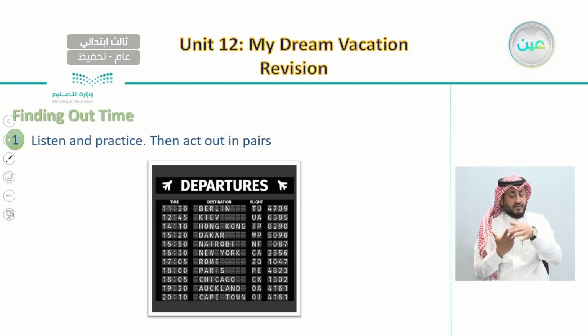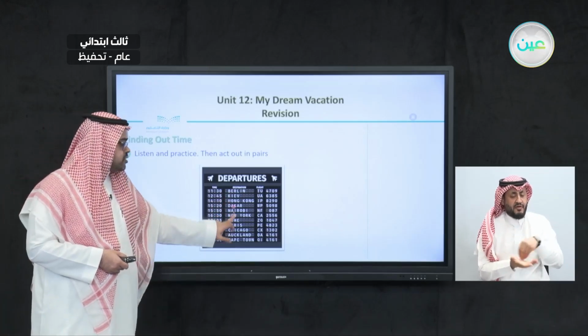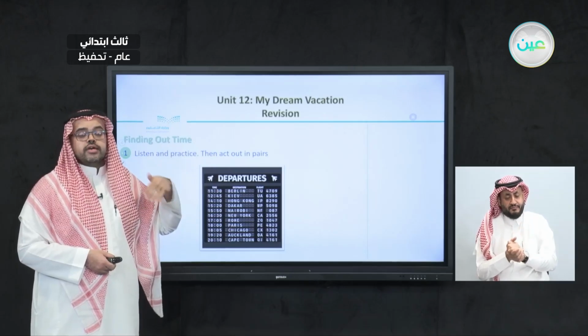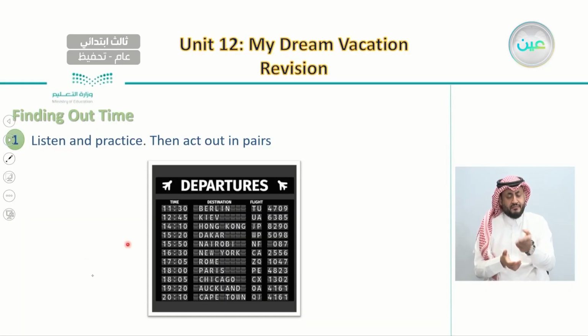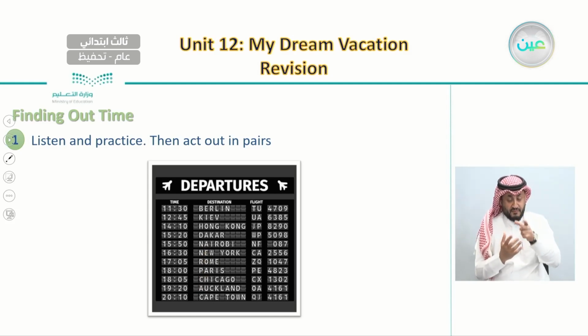And also there is the column called destination, which has all the cities or places that the plane is going to. For example, this plane is going to Berlin, to Nairobi, to Rome, to Paris, to Auckland, and so on. So usually we see in the middle the name of the place or the city, our destination.